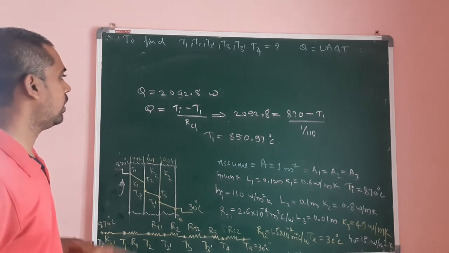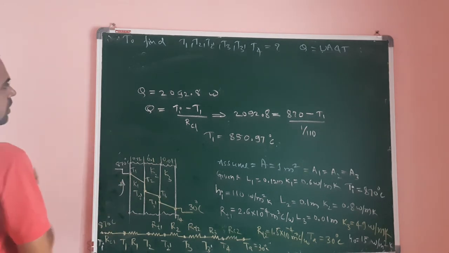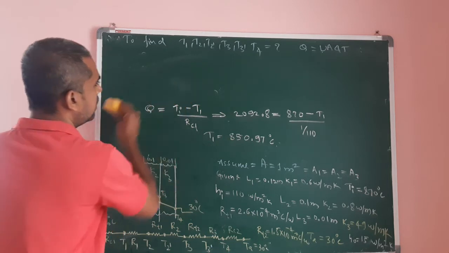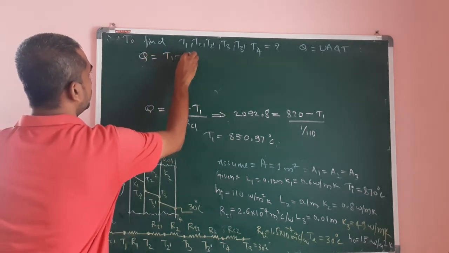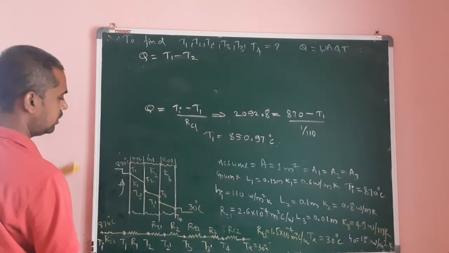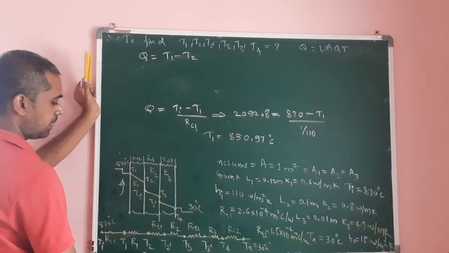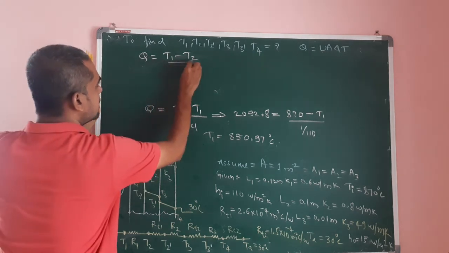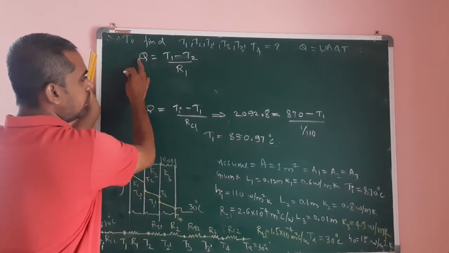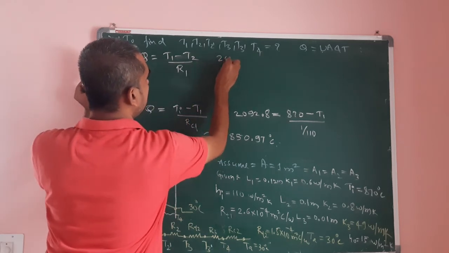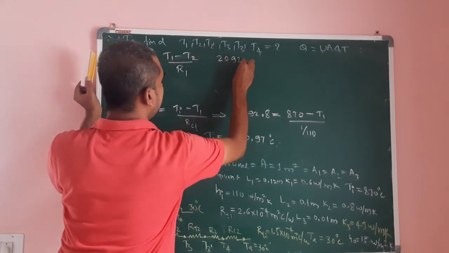How to calculate T2? Again using the same concept. Q is equal to T1 minus T2, divided by the thermal resistance between them, that is R1. We know Q is 2092.8.